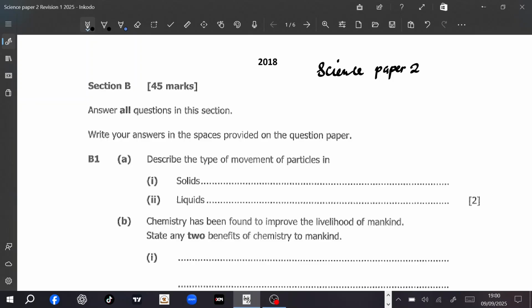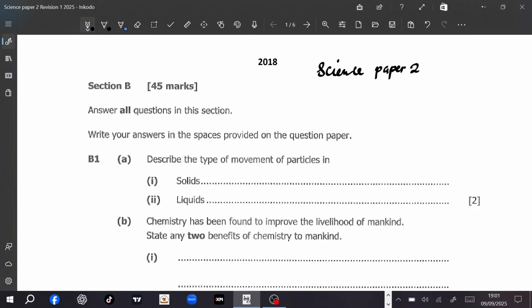So this question was from Section B from the 2018 science paper. It said answer all questions in this section. So from Section B, you need to answer all the questions. They said write your answers in the spaces provided on the question paper, so you write your answers in these spaces here.